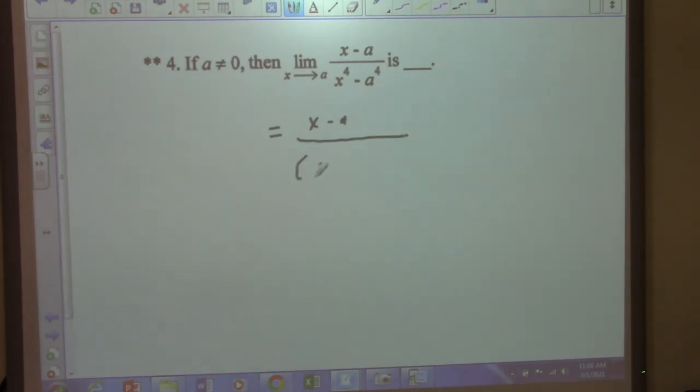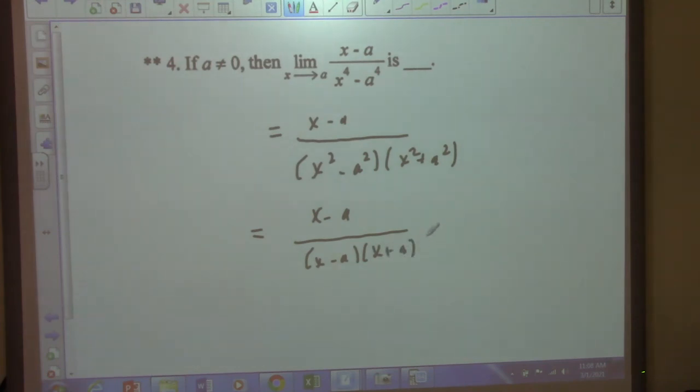So down here we get x squared, and then we get x minus a over x minus a, x plus a, x squared plus a squared.